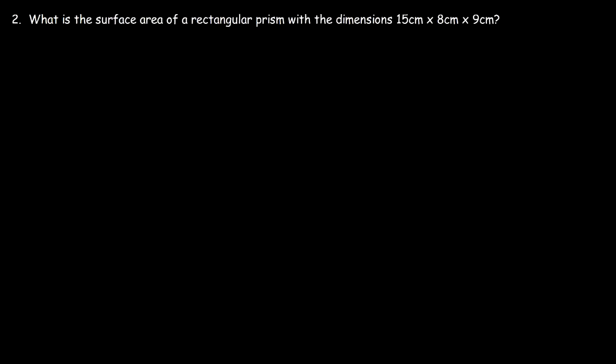Number 2, what is the surface area of a rectangular prism with the dimensions 15 centimeters by 8 centimeters by 9 centimeters? So let's say that this is the length, this is the width, and this is the height. Well, let's begin by drawing a picture, just like we did before.